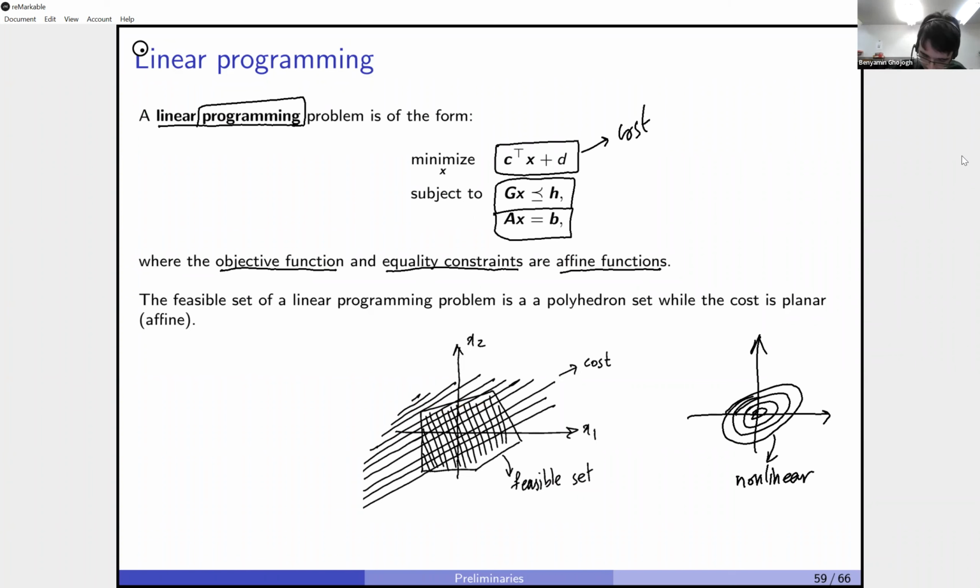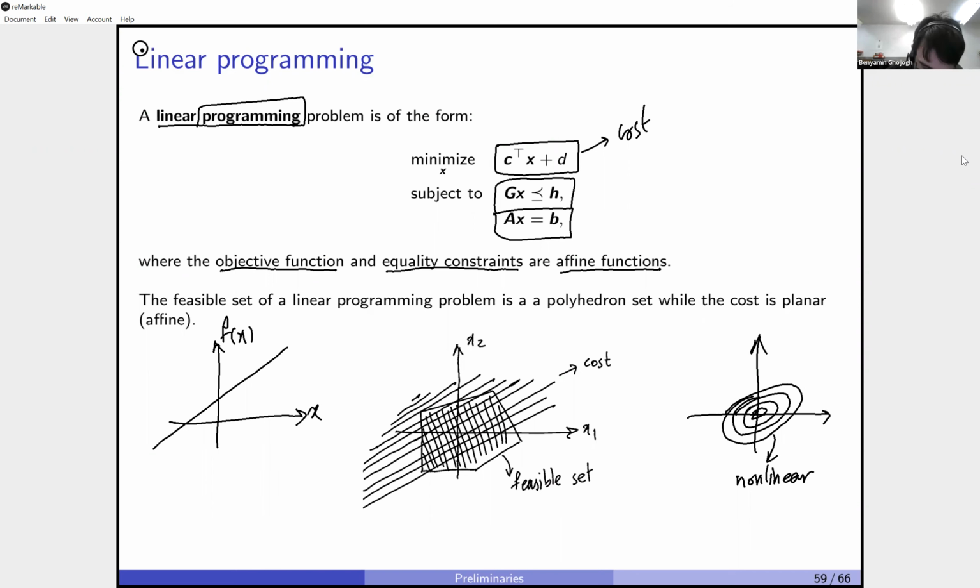If we had only one x, if the variable was one dimensional, then the cost would be a line. It would be affine, and it can have a bias too. But when we have two variables, the cost would be a plane. When we have three variables as inputs, the cost would be a hyperplane. Although it's linear, we should imagine it. We can't visualize it.